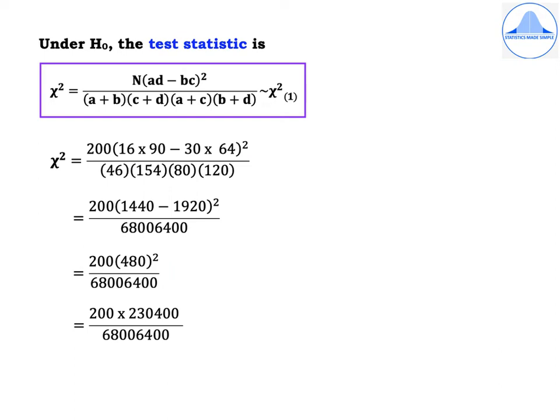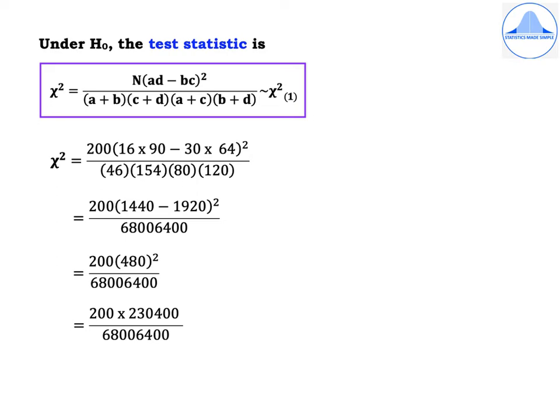Going ahead with the calculation of the test statistic, write the formula, that is chi square equal to N into (AD minus BC) the whole square divided by (A plus B) into (C plus D) into (A plus C) into (B plus D), which follows chi square with 1 degree of freedom.